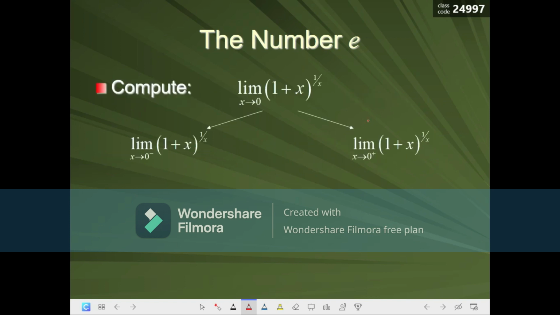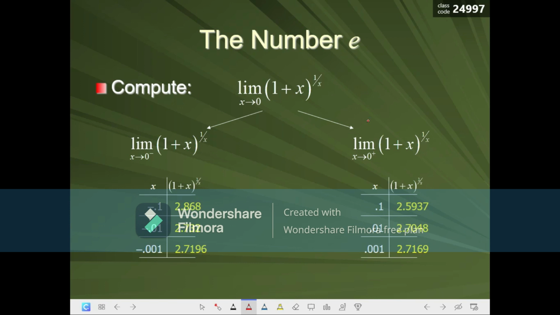So this is how it came about. It is the limit as x approaches 0 of 1 plus x raised to the power of 1 over x. Again, this is how it is being computed or estimated, giving 2.7196 and 2.7169. We will not discuss this further because it will be discussed in the next lesson.